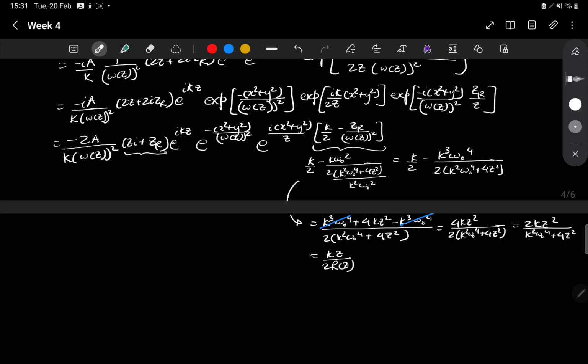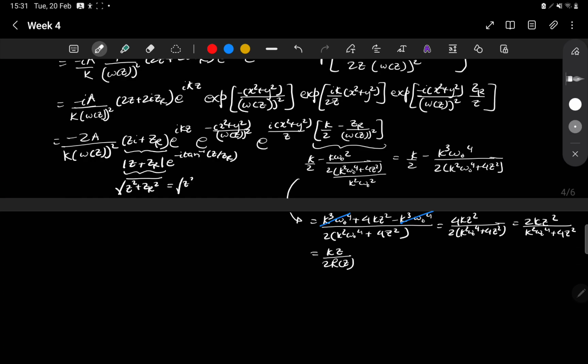And also we can write this Zi plus Zr as the amplitude times the argument exponential of the phase, and this amplitude, this I'm just writing the amplitude again.